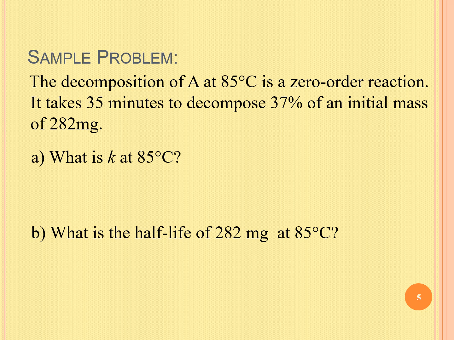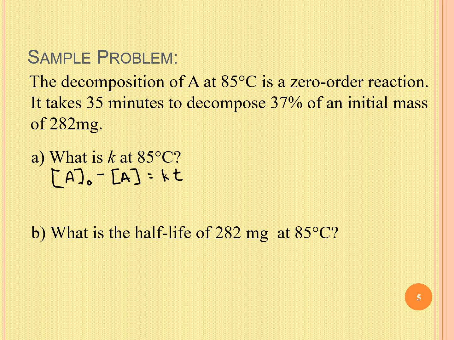So we can say, okay, let's use our zeroth order integrated rate law, which says that A naught minus A is equal to kt. So this is not that straightforward.